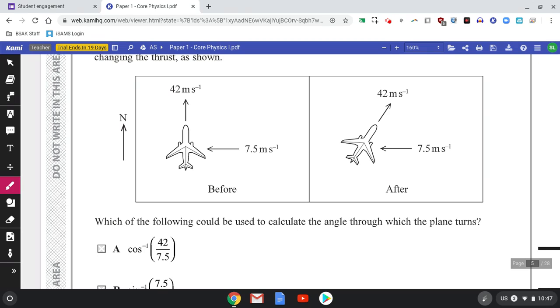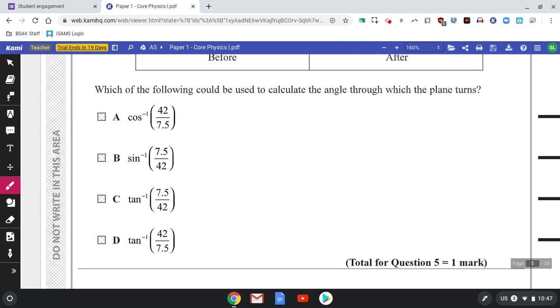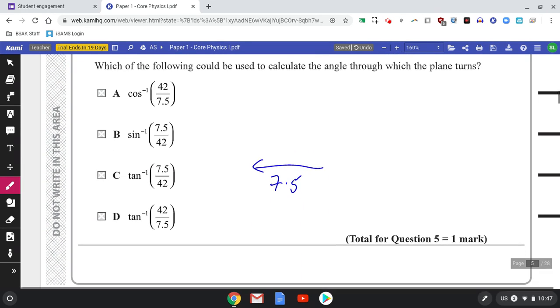So we need to draw what's going on. So let's have a little look at this. We've got 7.5. Not going to write the units here. We've got 7.5 there. We've got the diagonal, which is 42 meters a second, like that.